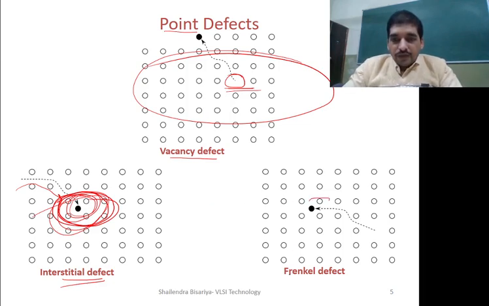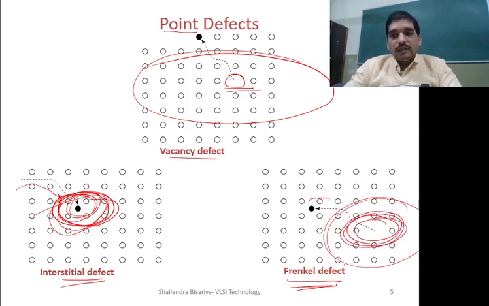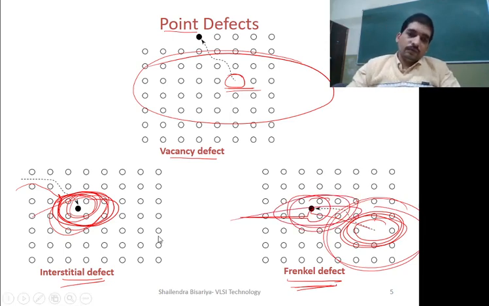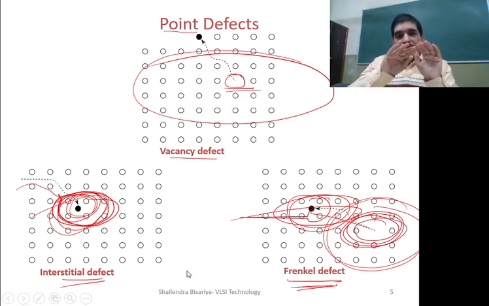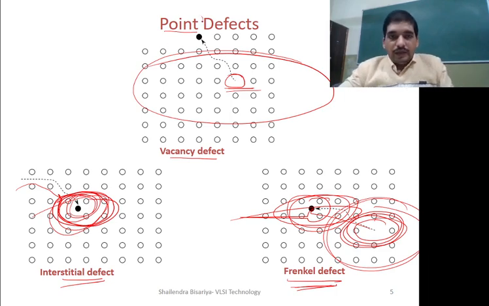And we have also discussed the Frenkel defect. That is, an atom leaves its position, even then the structure is maintained and it comes somewhere in between. Okay, and we have also discussed the vacancy defect. This is all at one particular location. That is why it is known as point defect.